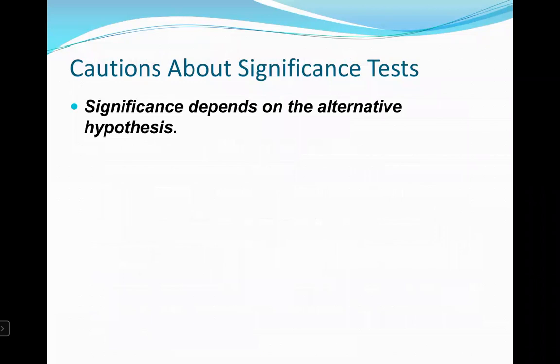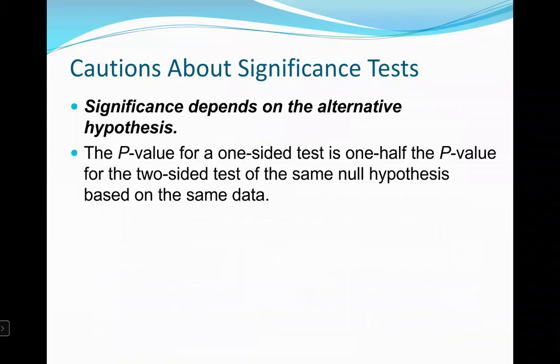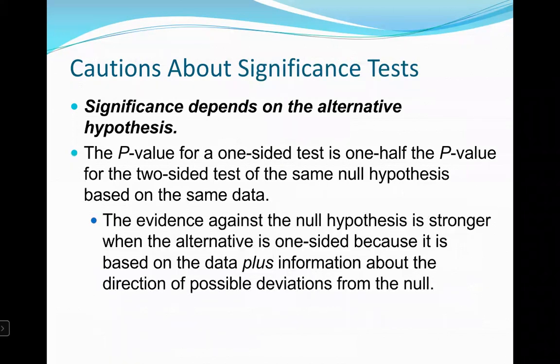Significance depends on the alternative hypothesis. The p-value for a one-sided test is 1/2 the p-value for the two-sided test of the same null hypothesis based on the same data.